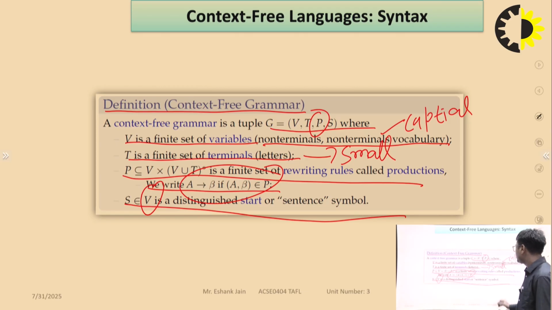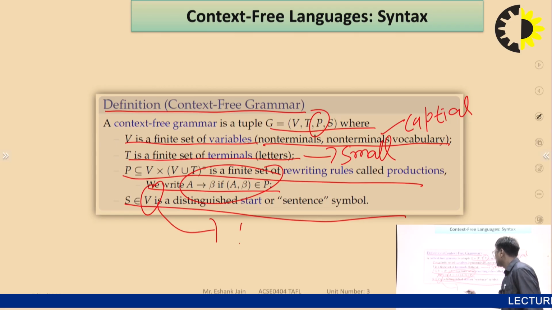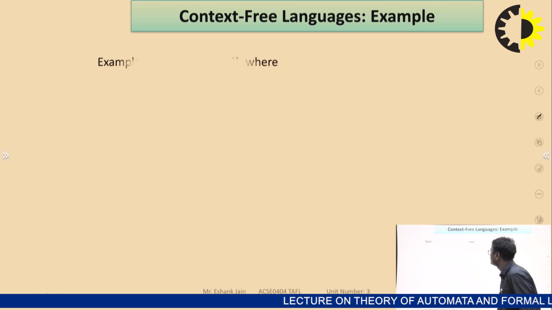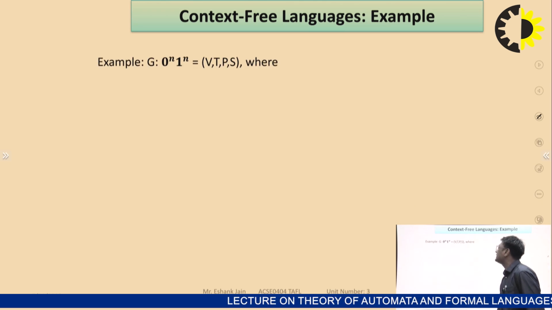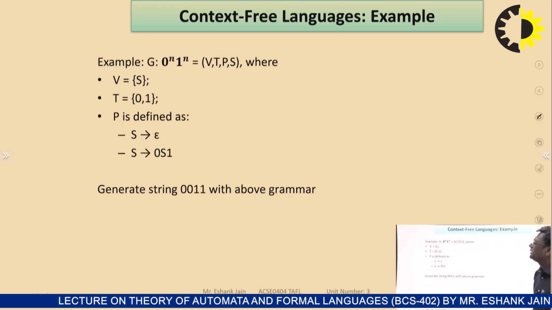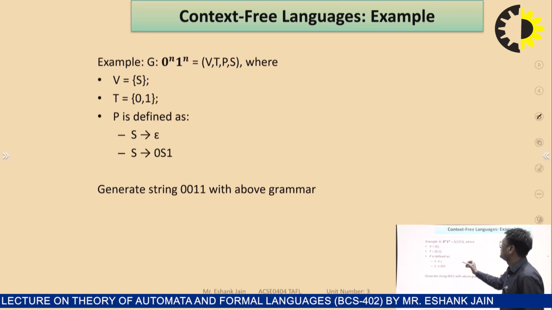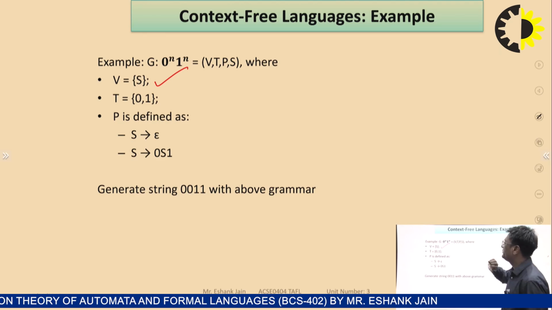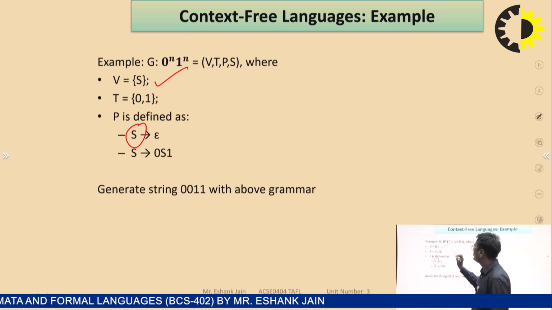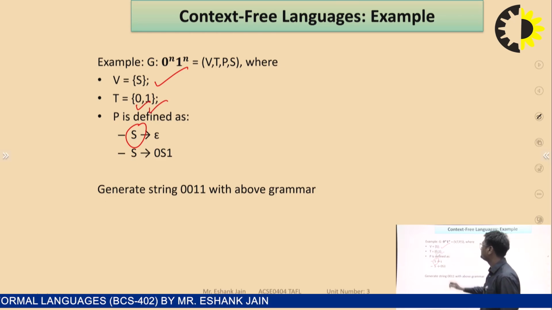V means variables, and T means terminals. This is the example of a context free grammar, which we have seen in the previous slide. V is the variable, where there is only one variable S. T is the terminal set, there are only two terminals, 0 and 1.